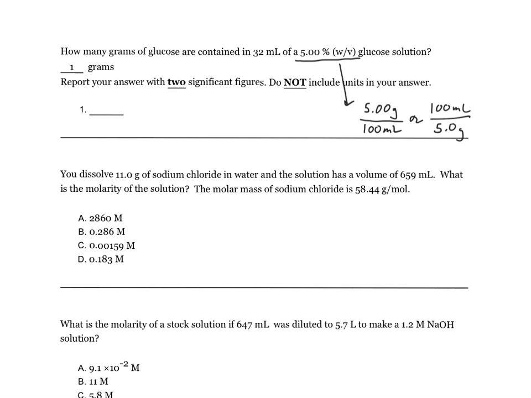So we've got 32 milliliters. We would use the conversion factor on the left, get units to cancel. If I do that math, that would contain 1.6 grams of glucose. So 2 sig figs, 1.6.